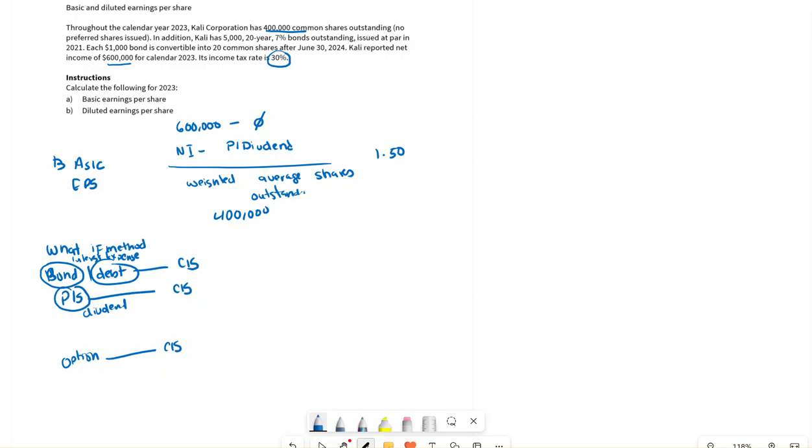Dilutive means anything that makes my earnings per share go down. Anti-dilutive is anything that makes your earnings per share go up.